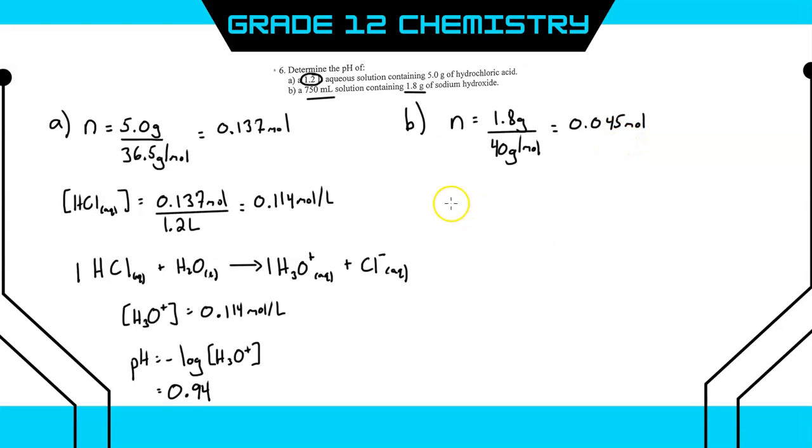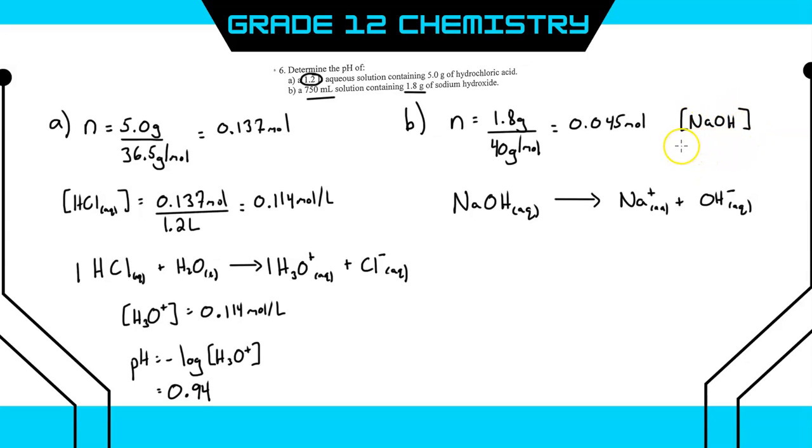Okay, now this is a strong base. So NaOH is going to completely dissociate in water into its ions. So we've got our sodium ions and our hydroxide ions. Now, since we know, I forgot to find the concentration. I was going to say, since we know the concentration of hydroxide, we know the number of moles of hydroxide. But let's just figure out the concentration of sodium hydroxide there.